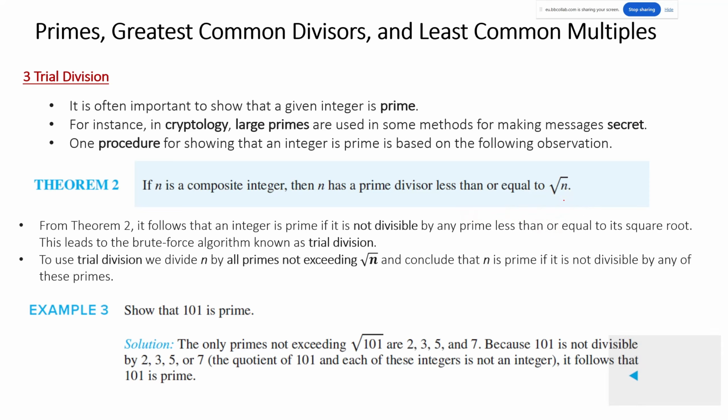All right, so now to make use of this theorem, let's show that 101 is prime. Now to show that 101 is prime, do I have to check all the numbers from 1, 2, 3 up till 101? This is the idea.